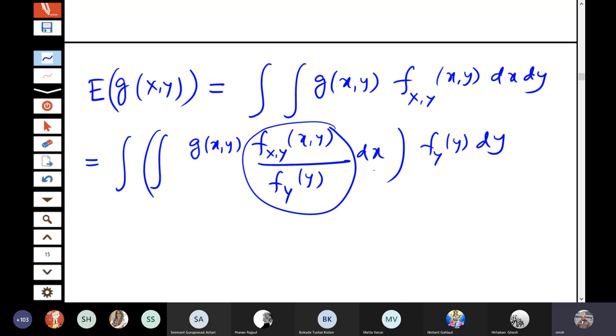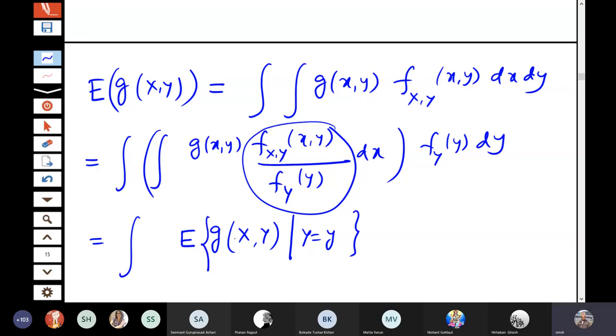So if I am integrating a certain term multiplied by the density, then it is nothing but the expectation. The interpretation for this inside term is the expectation of g(x, y) given y, because this is the conditional distribution of x given y, and then I am multiplying by the density.